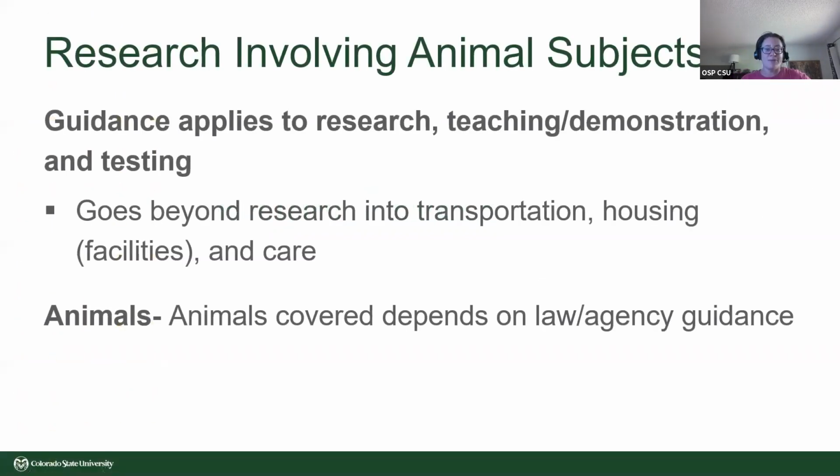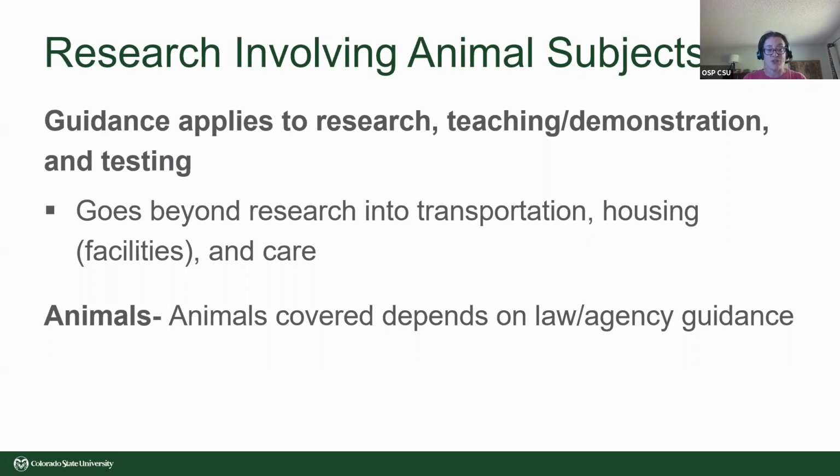So we're talking here about research involving animal subjects, okay? The interesting thing here is the guidance applies to not only research, but also teaching and demonstration, having pets, testing animals. So to have Cam the Ram on campus, right?